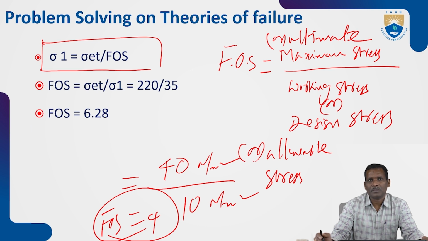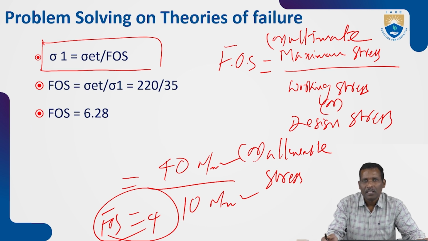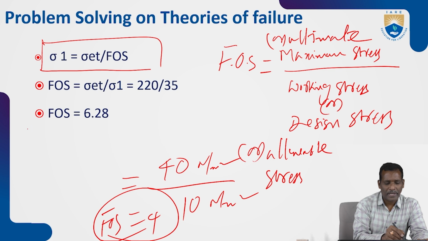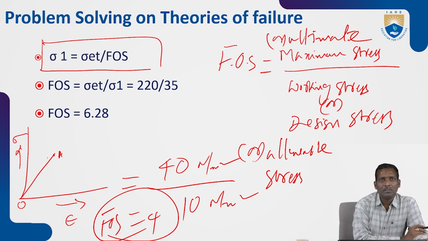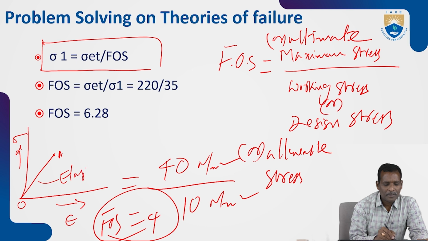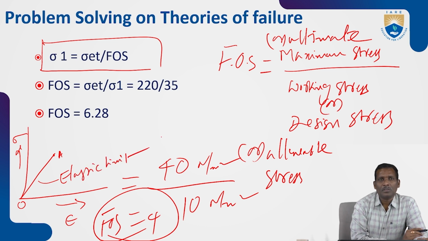You know, as per stress strain diagram, the stress is directly proportional to strain up to elastic limit. So suppose 0 to A, stress and strain. So up to elastic limit, there is no deformation.